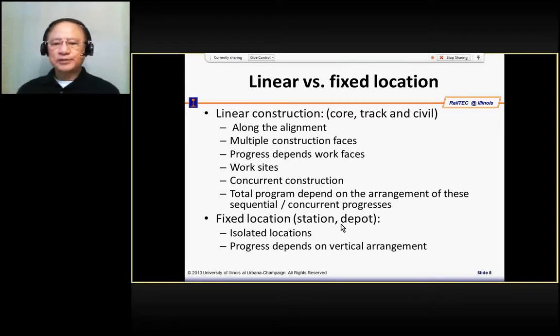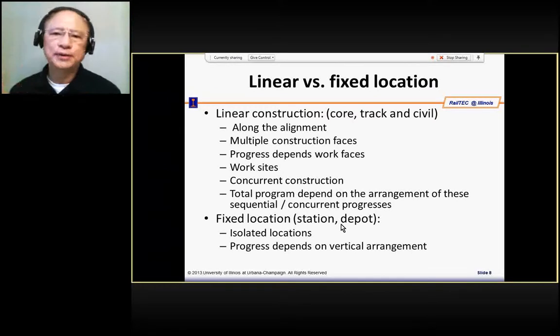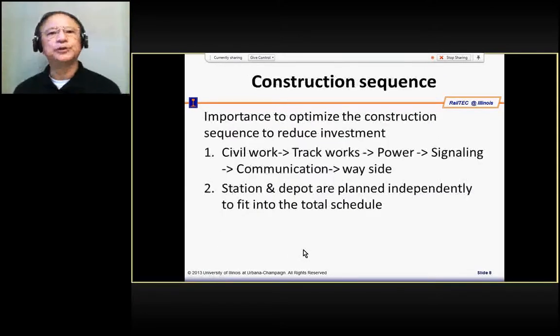Their progress is more dependent on this vertical arrangement after the construction. So these are the two types of construction, but majorly, I would say 90% of all the construction is linear. This would be about 10% of the cost, somewhere along that range.